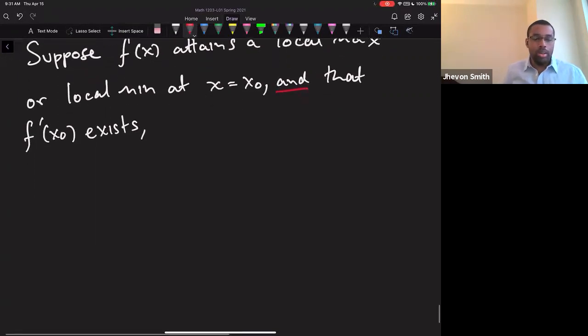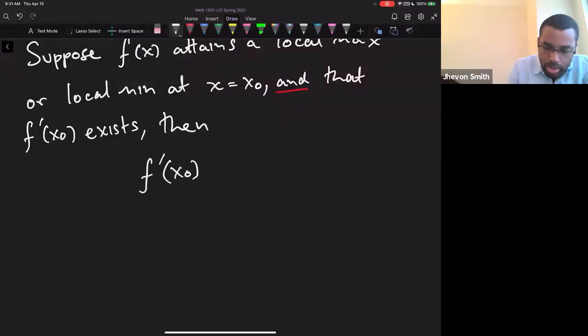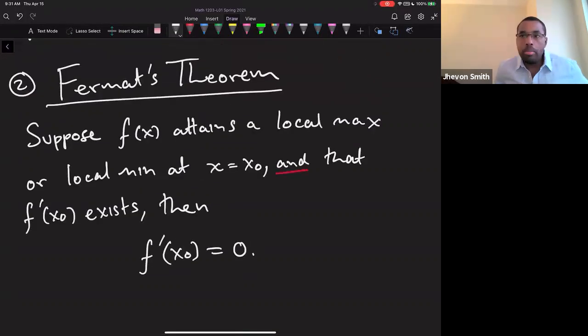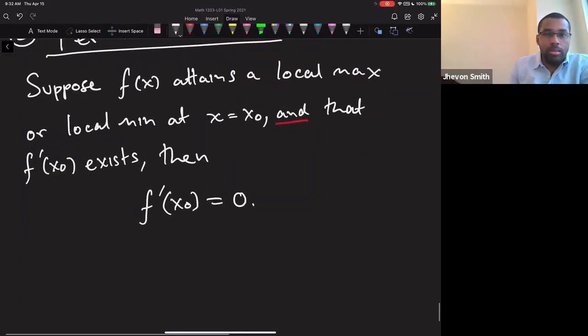Okay, so Fermat basically said that f prime at that point must be 0. That's Fermat's theorem. If you have a local max or a local min, and the derivative exists, the derivative must be 0. Yeah, that's basically Fermat's theorem.